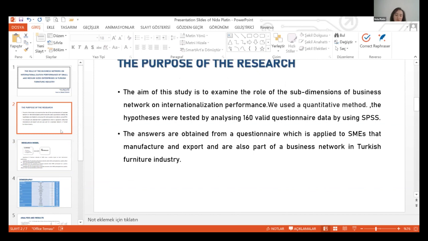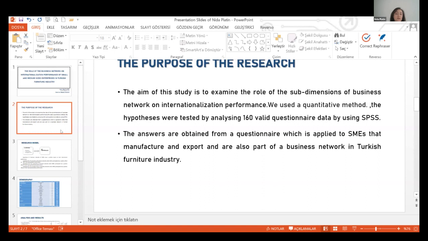It provides competitive advantage and access to new opportunities and international markets to SMEs. So we asked 11 questions for this dimension, such as: the network explores international business opportunities, the network consults on how to enter new markets, the network enables us to deepen and strengthen our position in existing markets, the network provides us information about international markets, such as growth opportunities or customer preferences, the network provides access to government and local bureaucrats.